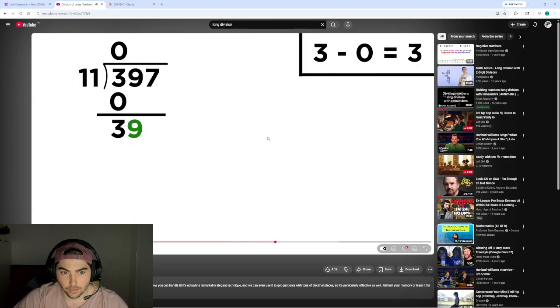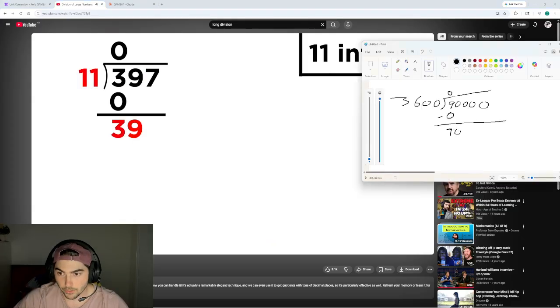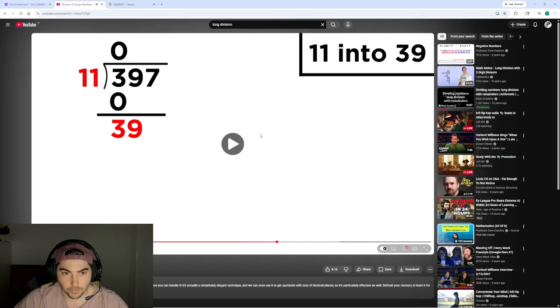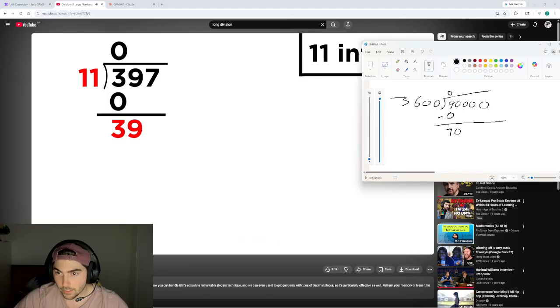Then we bring down the 9. 11 does fit into 39 3 times. You would just keep going. It would just keep being zeros until you got to 9,000 anyway, so you may as well just start at 9,000. You don't have to do all the zeros because you're just going to keep adding zeros the whole time.